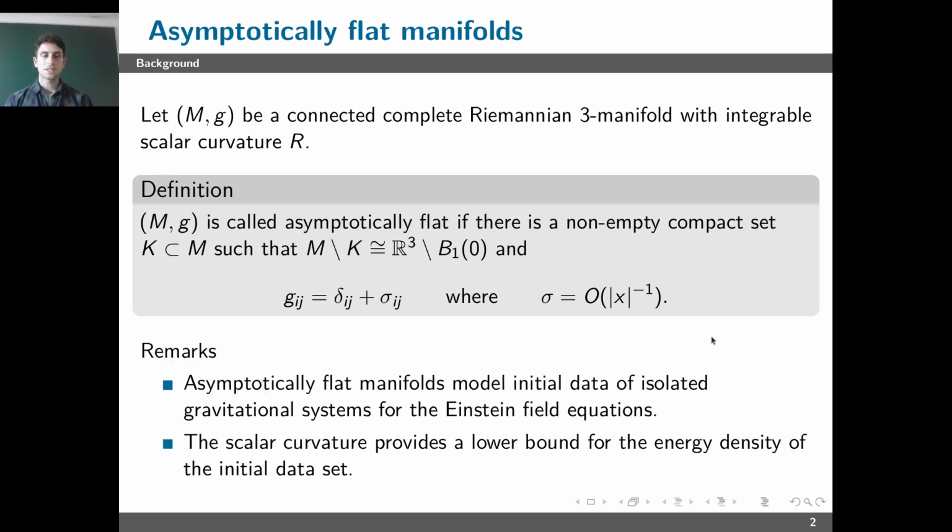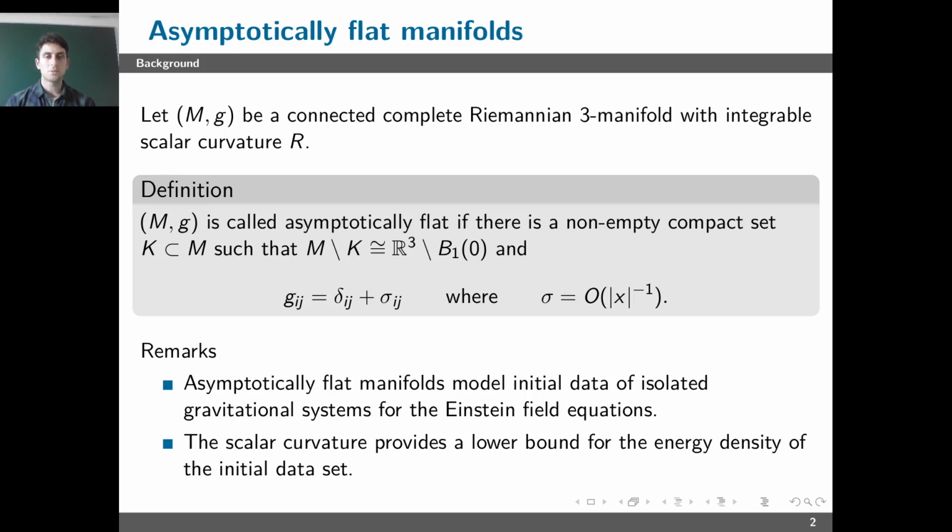Alright, so one reason why such spaces are interesting is because they arise as initial data of isolated gravitational systems for the Einstein field equations. So the picture you should have in mind is of a space-time with a limited number of large masses, such as stars and black holes, but little matter apart from that.